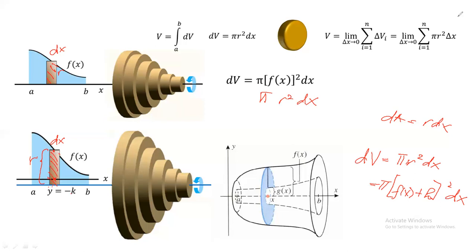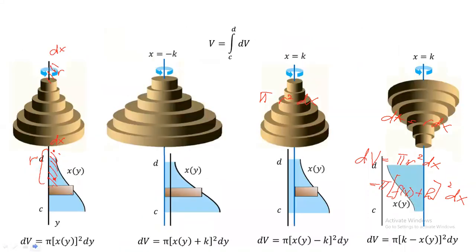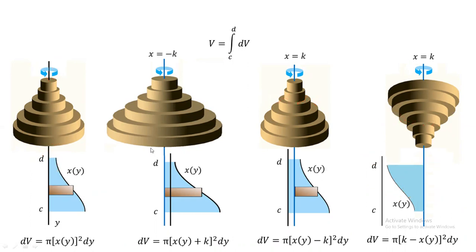So these are your formulas on the different scenarios that may occur if the axis of your rotation is horizontal or vertical using the disk method. Okay, I'll clear my markings and proceed.